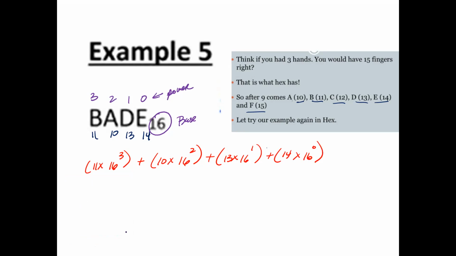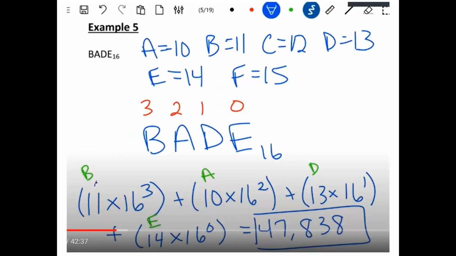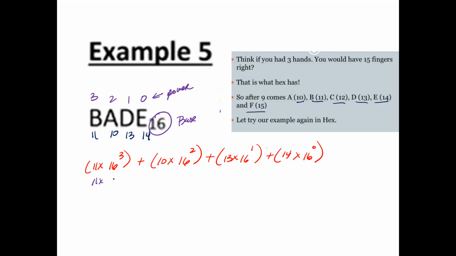And then, of course, you want to go ahead and simplify that out, which will give you 11 times 4,096, 10 times 256, 13 times 16. And then remember, this part becomes a 1. So 1 times 14 is a 14.